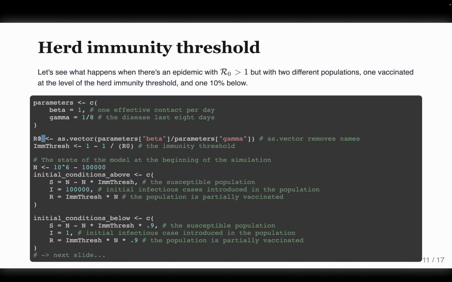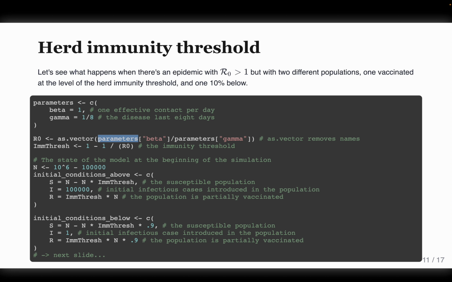And we can extract R0 in this way, doing simply parameters beta over parameters gamma. As you can notice here, I use the asVector function because the parameter object is a named vector, and if we don't use the asVector function, R0 will also be a named vector.